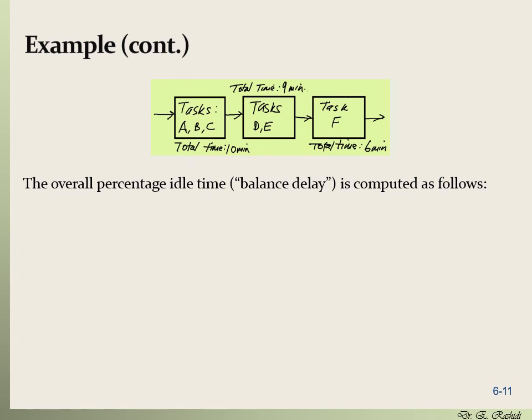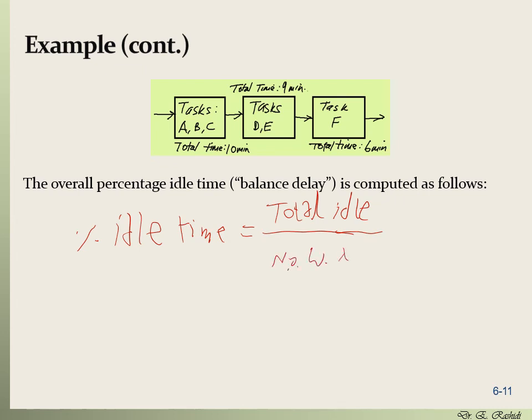So the percentage of idle time for this example is equal to the total idle time divided by the number of workstations multiplied by the cycle time. So that's the number of workstations multiplied by cycle time.